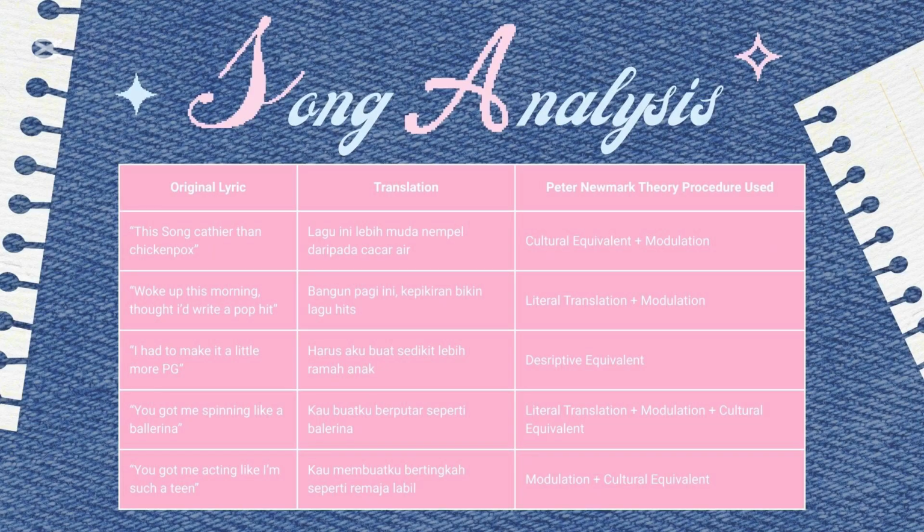Why? Because catchier than chickenpox is an idiomatic expression. The translator used cultural equivalent to preserve the metaphor and humor, and modulation to shift the structure into natural Indonesian. Literal translation would sound awkward here.